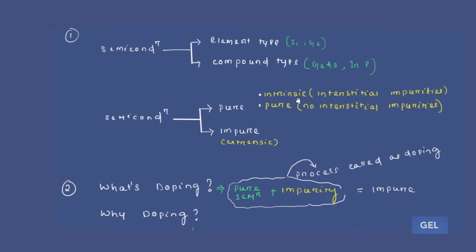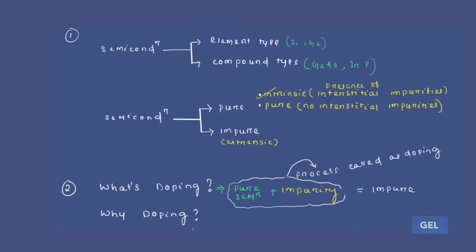One is intrinsic semiconductor, another one is pure semiconductor, another one is impure semiconductor. What is the basic difference between intrinsic and pure? There is interstitial impurity in case of intrinsic semiconductor, but in case of pure semiconductor there are no interstitial impurities.